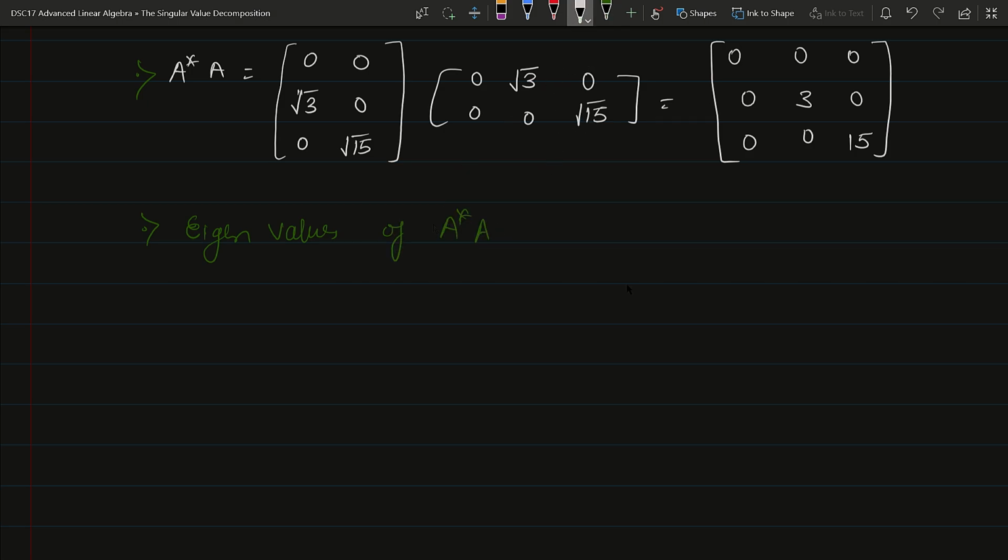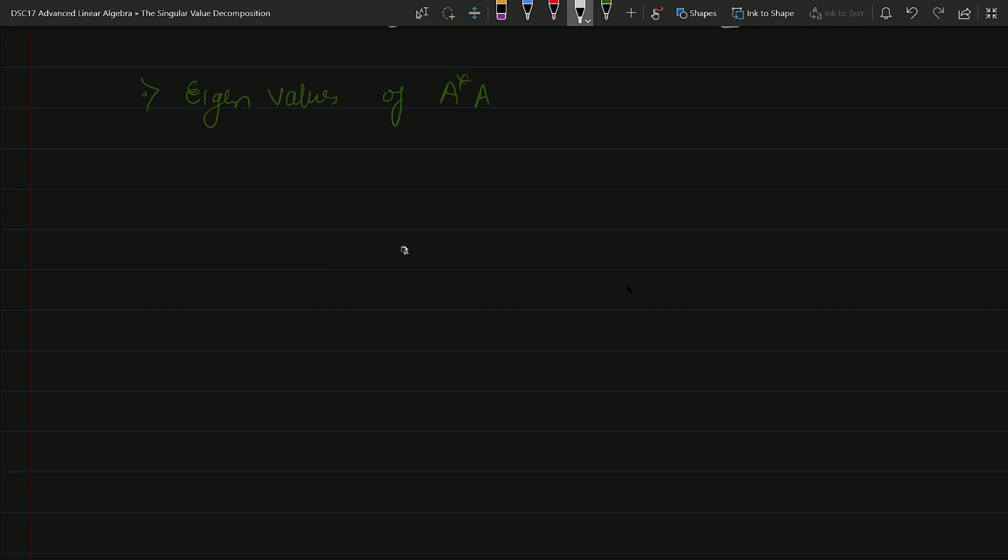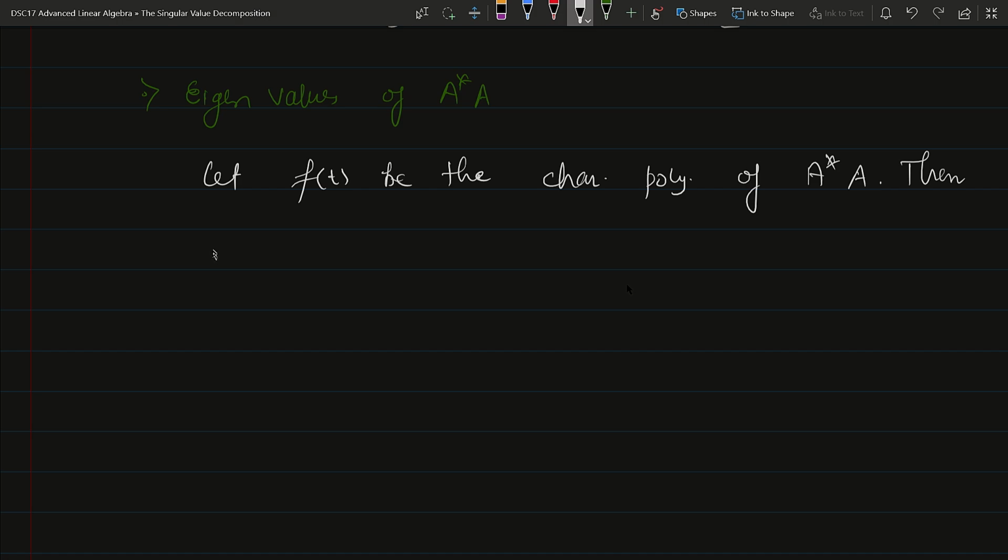Okay, so जब भी हम आइगन वैल्यूज को लिखेंगे we will introduce the characteristic polynomial. ओके, सो let f(t) be the characteristic polynomial of A star A. Then the eigenvalues of A star A is given by f(t) is equal to 0.